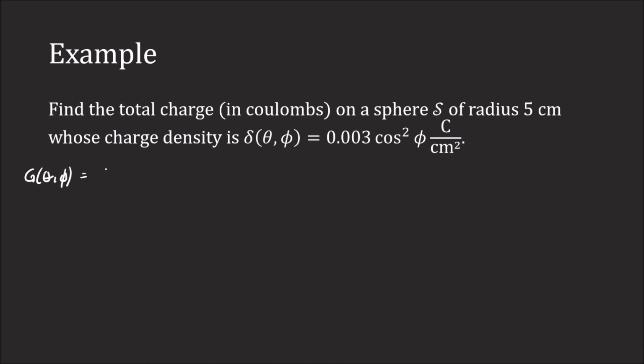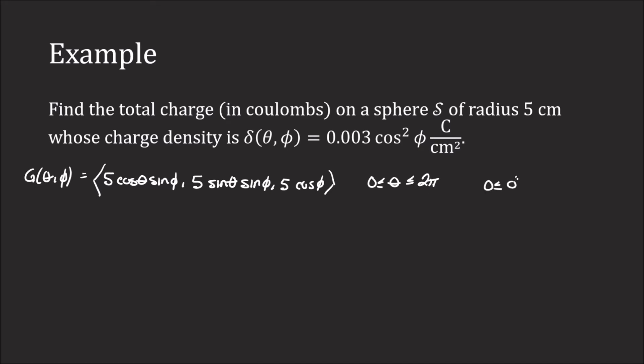So the parametrization G of theta, phi would be given by 5 cosine theta sine phi, 5 sine theta sine phi, and then 5 cosine phi. Right now, there are no restrictions, so both theta and phi will have their normal intervals: 0 to 2 pi for theta, 0 to pi for phi.